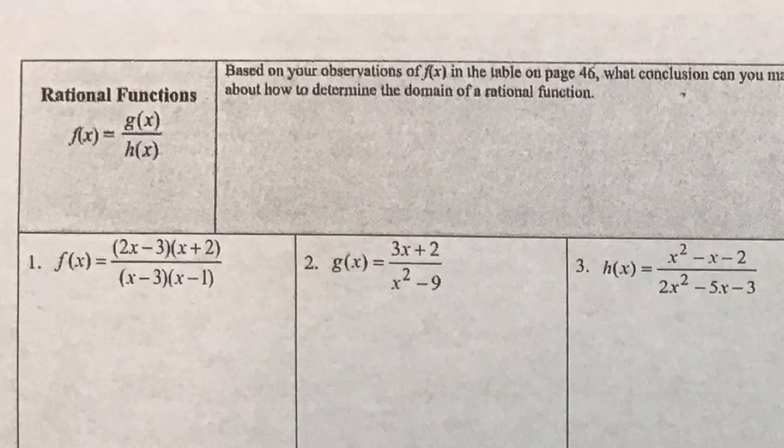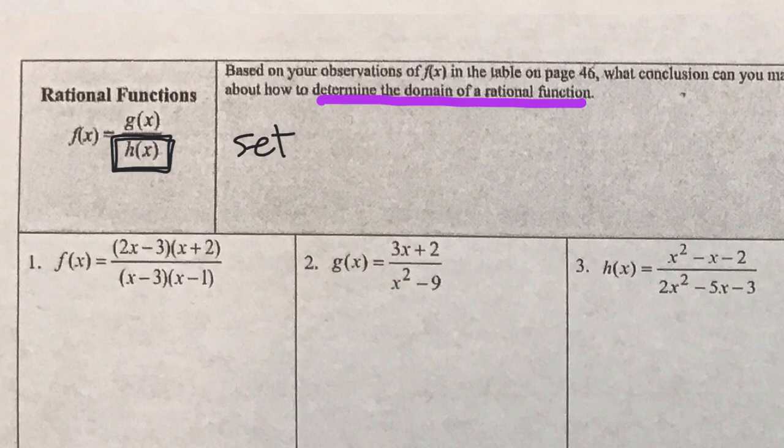So in practice, what does that make us do, right? In algebra, we want to be able to do something when we are given this information. So it says, how do we determine the domain of a rational function? Based upon what we've talked about, we know that the denominator, in this case given to you by this function h of x, so I'm going to use that notation, cannot be equal to 0.